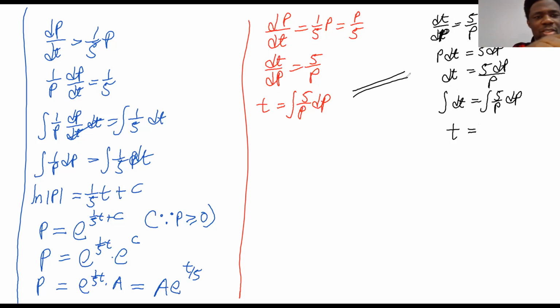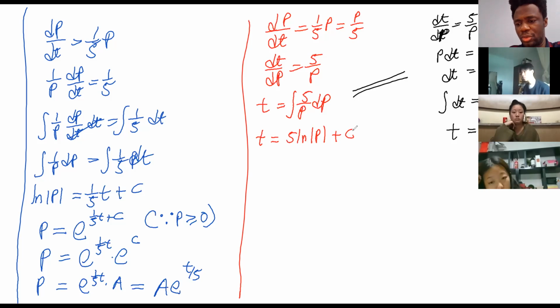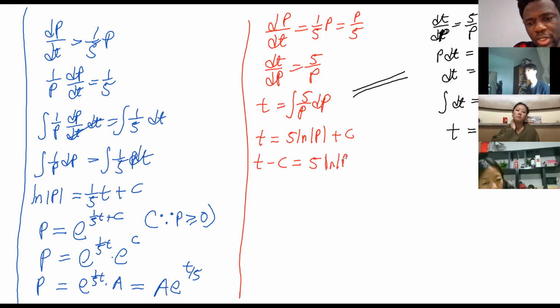But it's easier to do direct integration because we are used to this. So basically, t is equal to 5 ln absolute value of p plus c. Can you see that? I need everyone's attention and I need you to look at what I'm doing. So if I take c away, I get t minus c equals 5 ln absolute value of p.